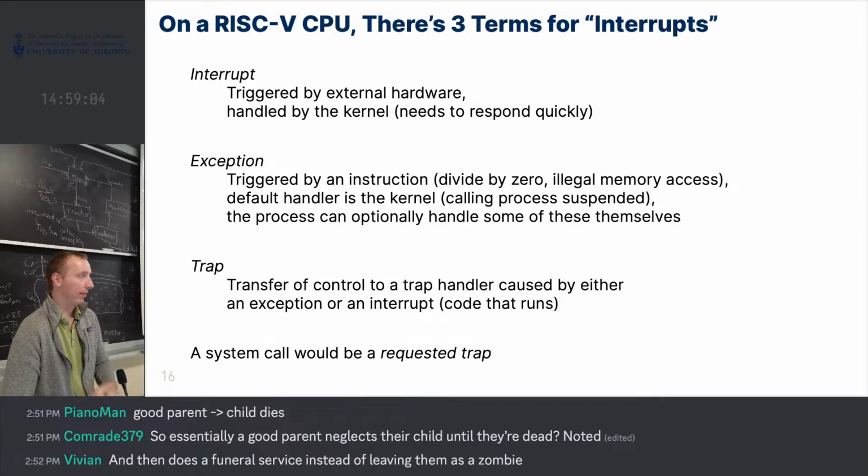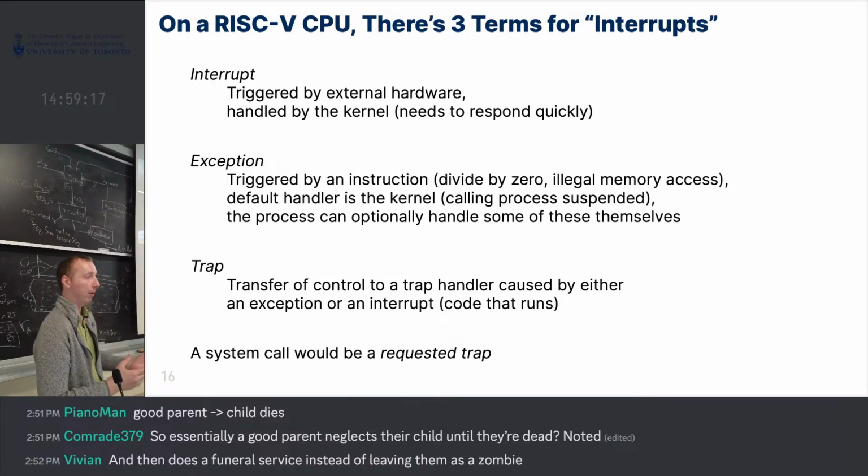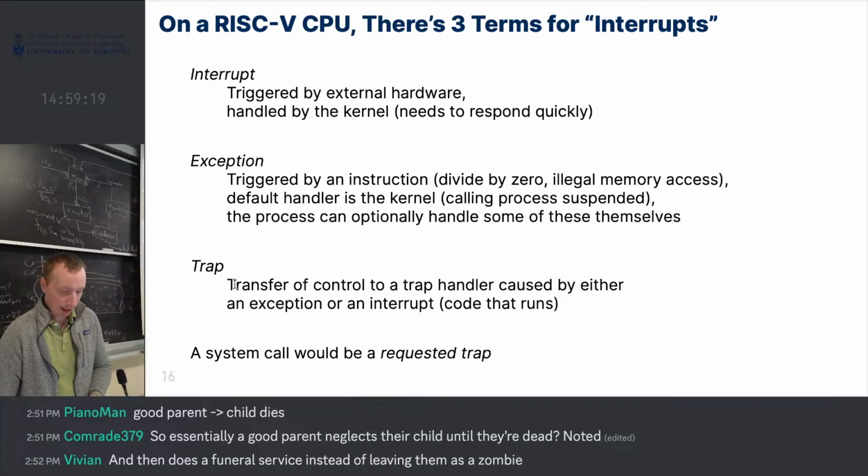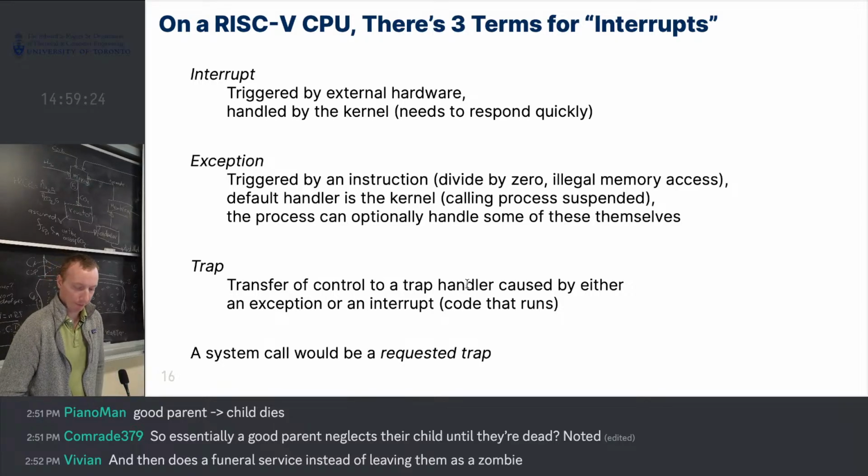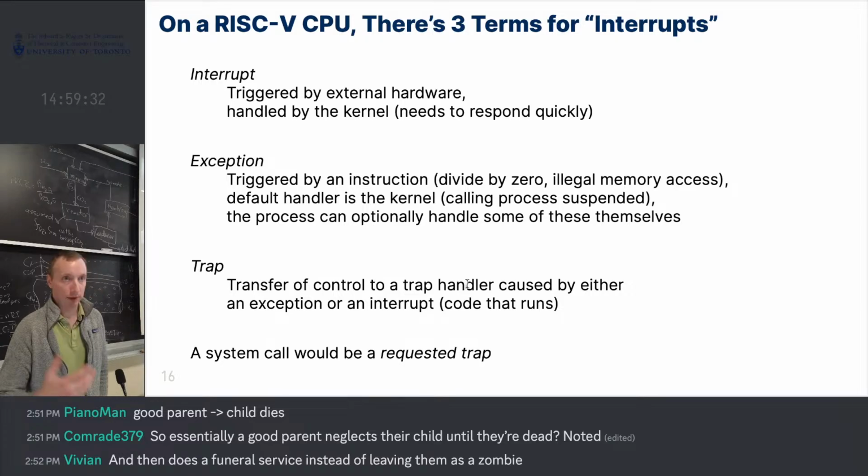Then there is an exception, which is essentially the same thing as an interrupt, but that's caused by you executing an instruction you shouldn't have, like divide by 0 or referencing bad memory. The kernel may pass that up to your user process in the form of a signal. And then there's a trap. So you're just requesting control that can be caused by an instruction. A system call would be an example of a requested trap. So you are triggering an interrupt that the kernel handles.